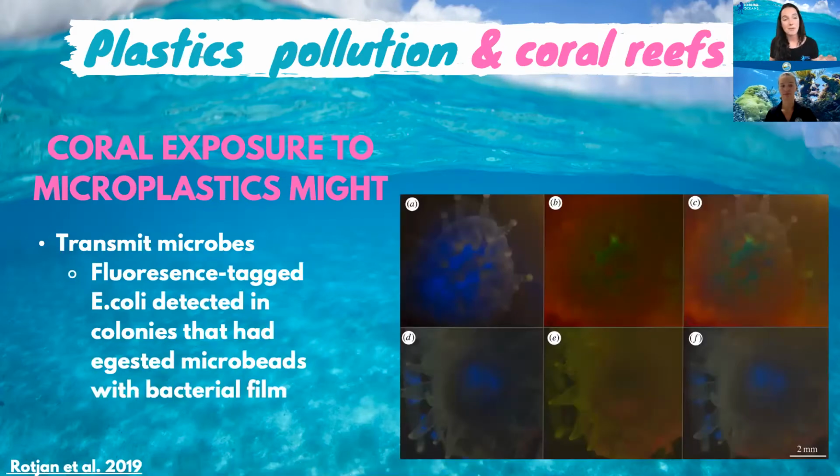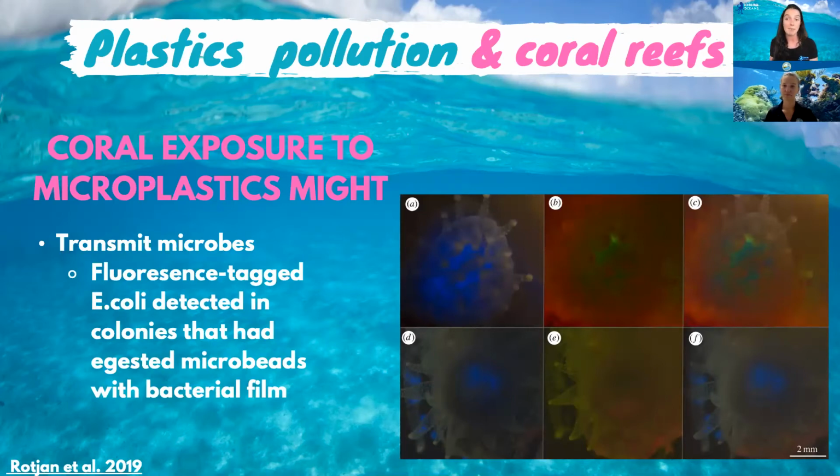What else can microplastics contribute to? This was a newer study that was very, very interesting. I've sent out these slides afterwards if you want to check out the linked literature. Here, these scientists tagged an E. coli bacteria with green fluorescent protein, and then got this biofilm to latch on to the microplastics they were examining.